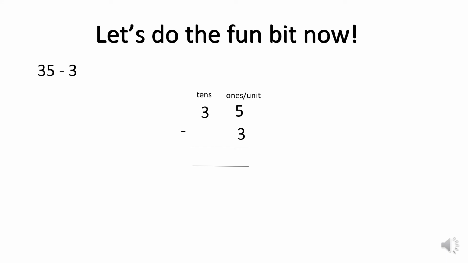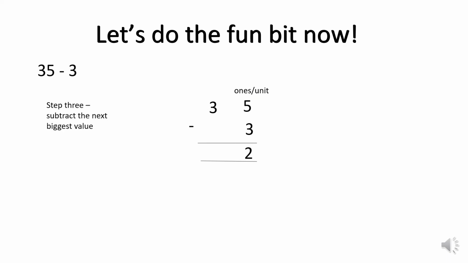Now that we've got the numbers in the right place value columns, we can just do the subtraction, and we start with the ones position. 5 minus 3 makes 2, and you write 2 after the equal sign. Next, we subtract the next biggest value, which is the tens position. Here it is 3 minus nothing, which just gives you 3 because you're not taking away anything. That's the answer. 35 minus 3 is 32.